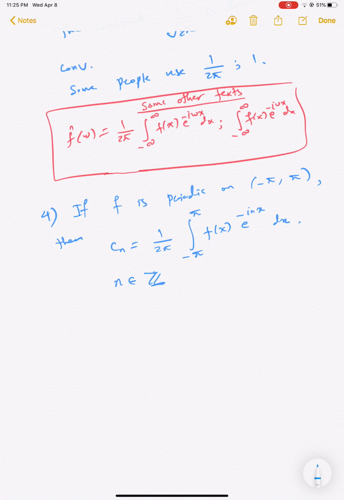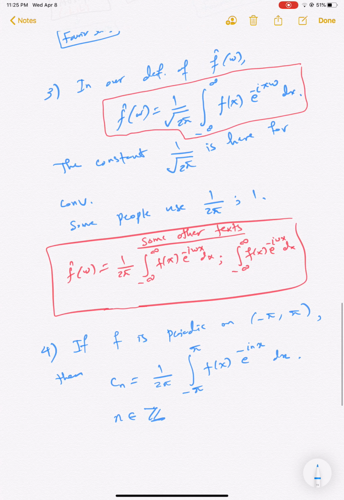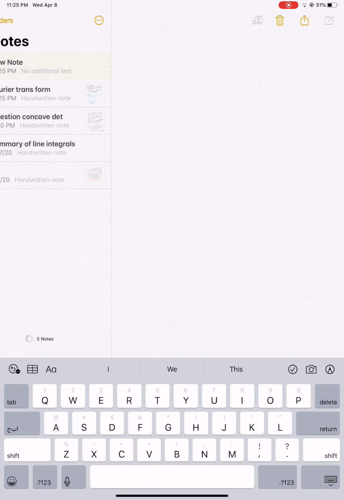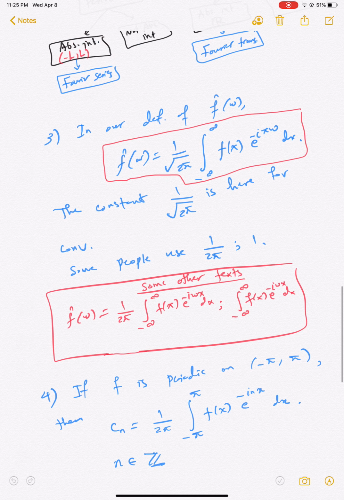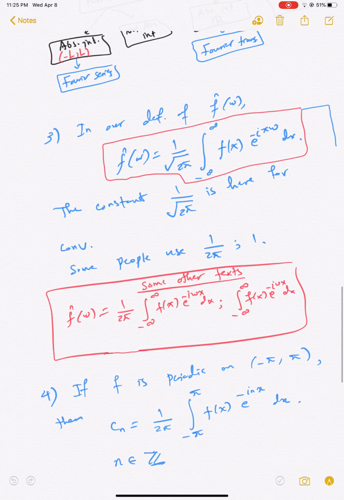Now, when we look at the Fourier transform, what is the omega? The omega, w, can be any real number. Now the math behind this: the n belongs to Z, the w belongs to R.